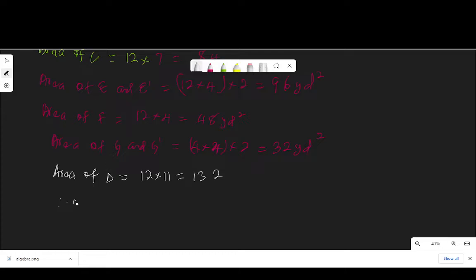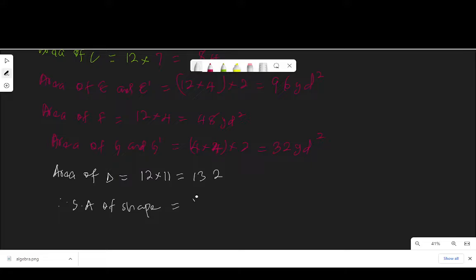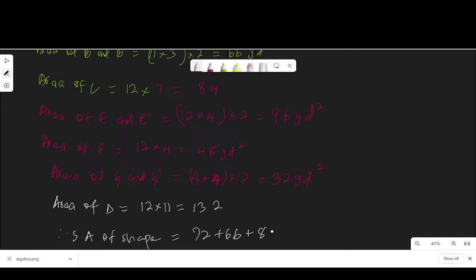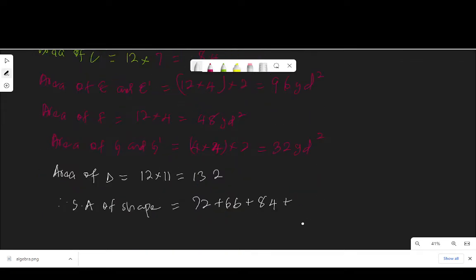Therefore, the surface area of the shape is 72 plus 66 plus 66 plus 84 plus 96 plus 48 plus 32 and 132.